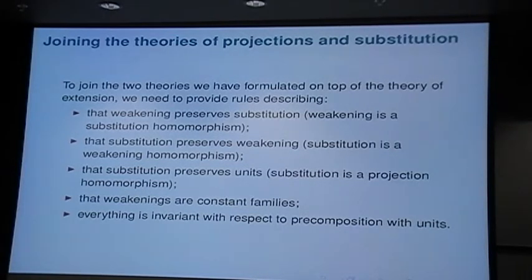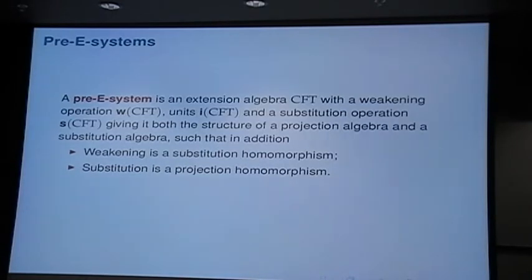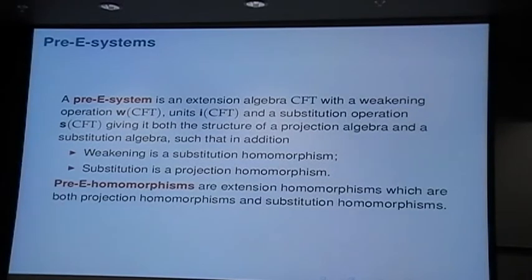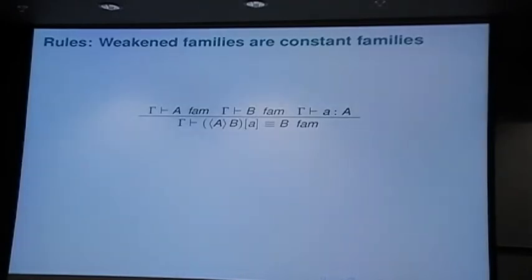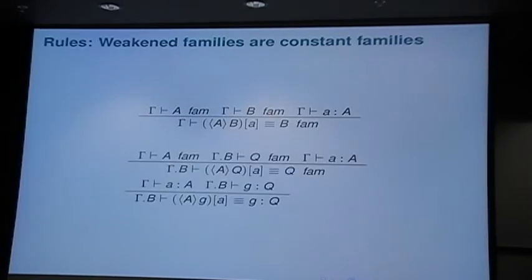Well, I'll show that in the rules later on. That will be quicker. So a pre-E system is one where weakening is a substitution homomorphism and substitution is a projection homomorphism. A pre-E homomorphism is an extension homomorphism which is at the same time a projection homomorphism and a substitution homomorphism. Okay, here's the rule that I just wrote down, that families are constant. Again, there are 3 versions of this rule, because there are 3 of everything.